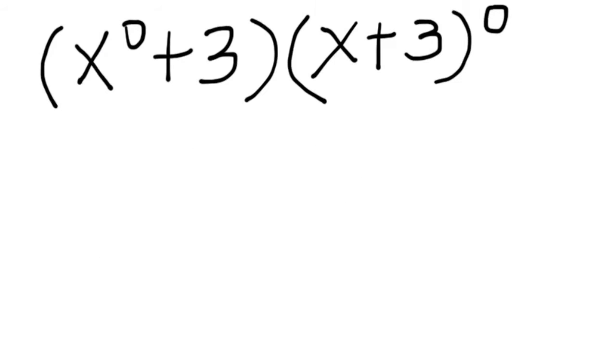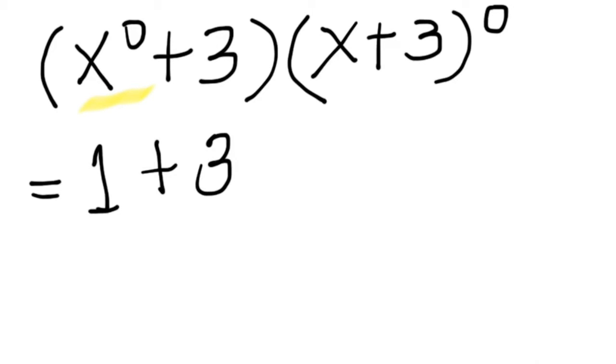Second example, we have x raised to 0 plus 3 multiplied by x plus 3 raised to 0. So, isa-isahin muna natin. So, yung x raised to 0, equivalent niya is 1 plus, copy lang natin yung 3. So, we're going to have 1 plus 3. And then, x plus 3 raised to 0.